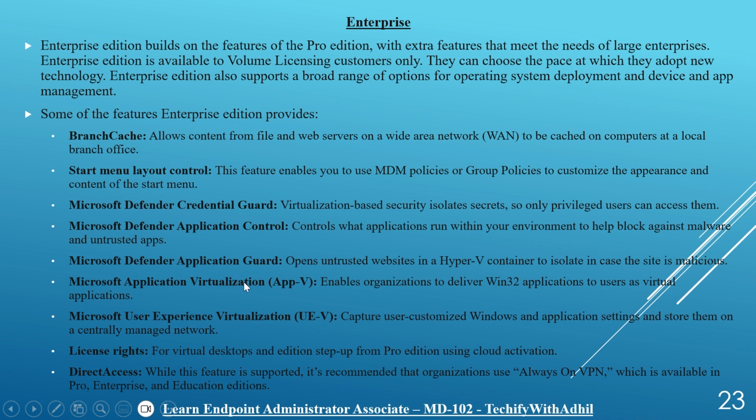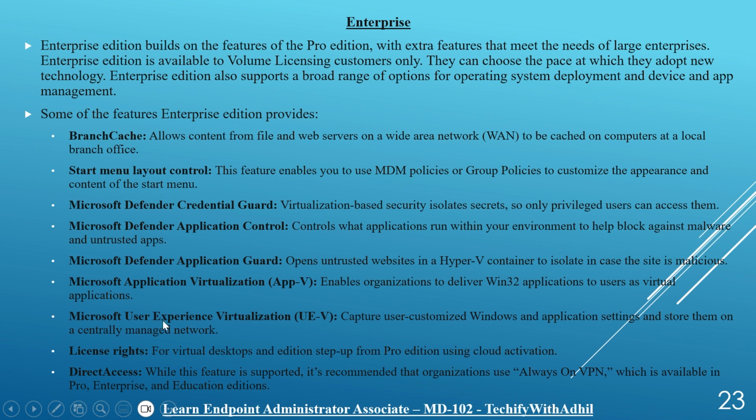Microsoft Application Virtualization, App-V, enables organizations to deliver Win32 apps to users as virtual applications. So these are some of the important features in Enterprise editions which we have to remember.